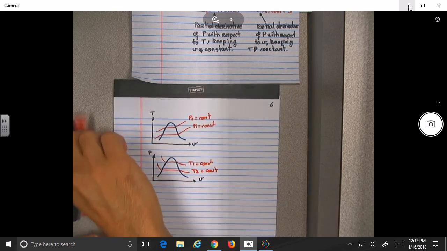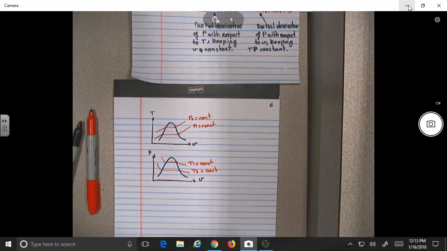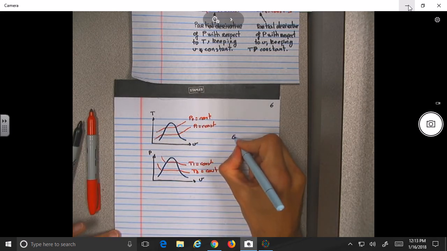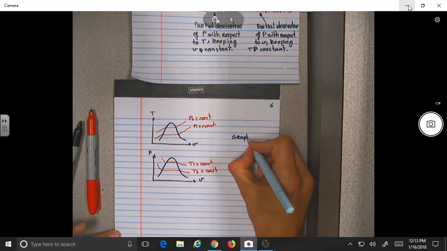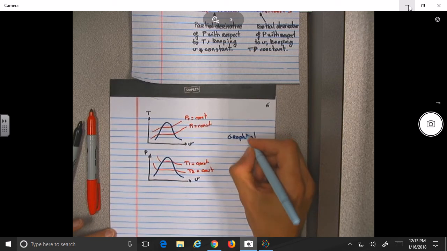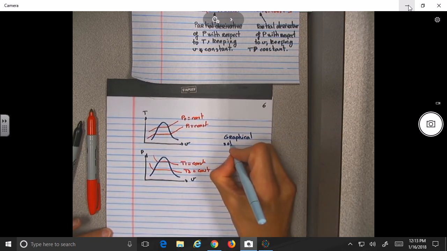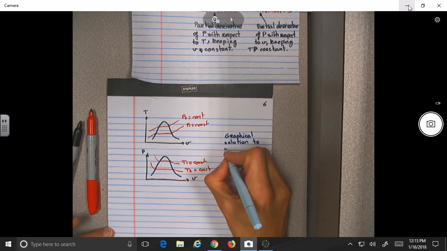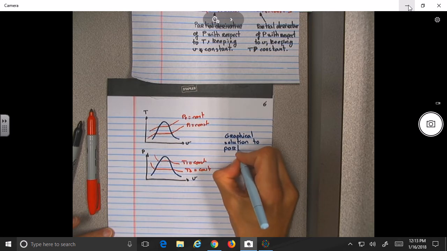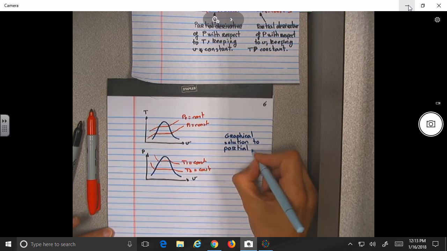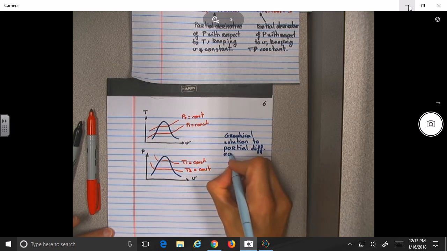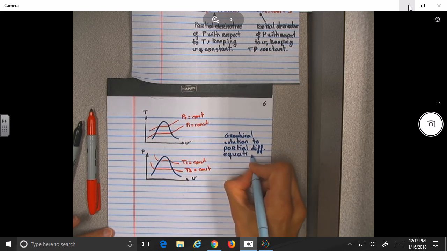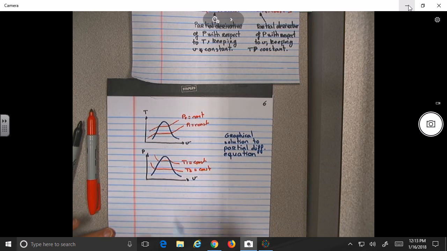Okay, so if you want, this would be some type of graphical solution to a partial differential equation, which was defined by this one.